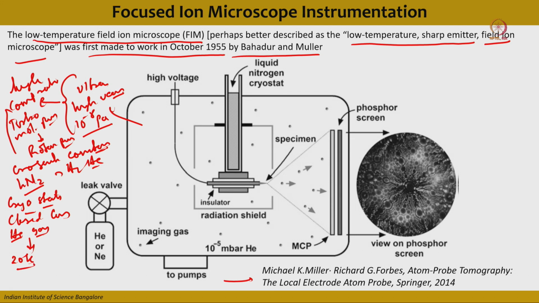The third important part is the very high DC voltage applied on the specimen. This is the specimen holder, this is your specimen tip. A high DC power supply is connected to the specimen in order to generate a very high electric field in front of the tip.